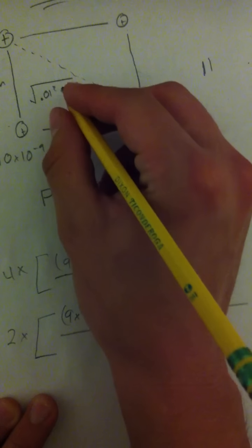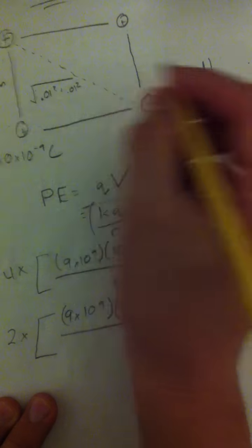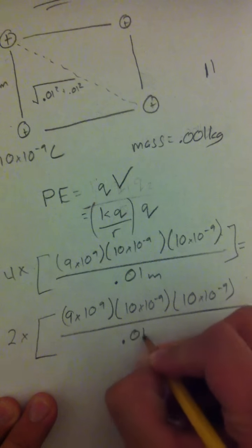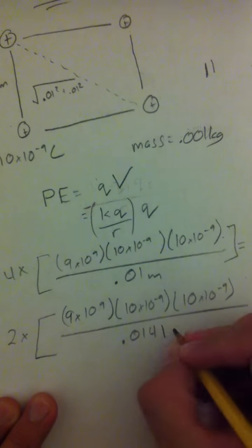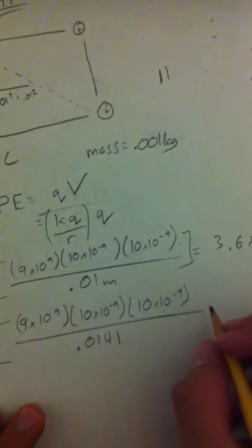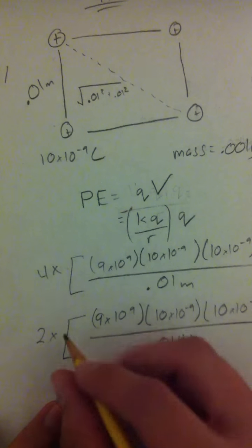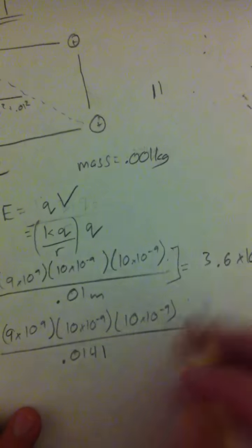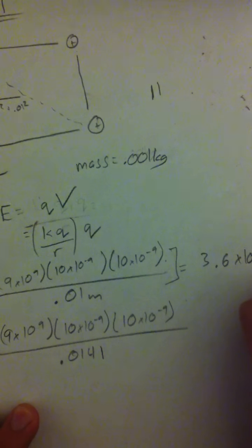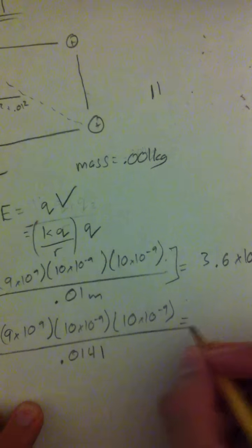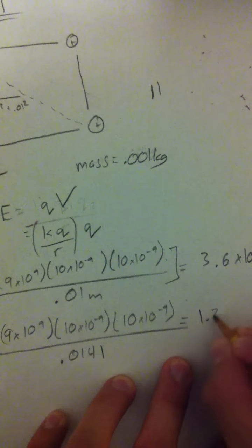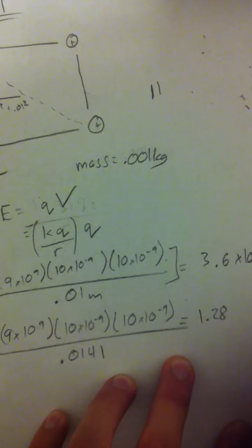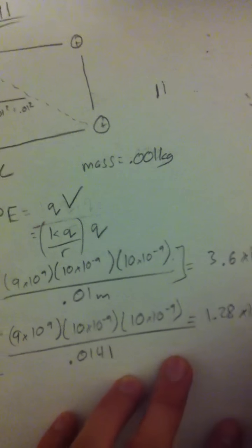Radius is going to be right there, which I'll just put in, but it's the same thing. If you carried that out, it'd be this. Times it by 2, solve all that. Oh, I'm sorry, this is going to be in joules, and so is this. And this is going to be 1.28 times 10 to the negative 4th joules.